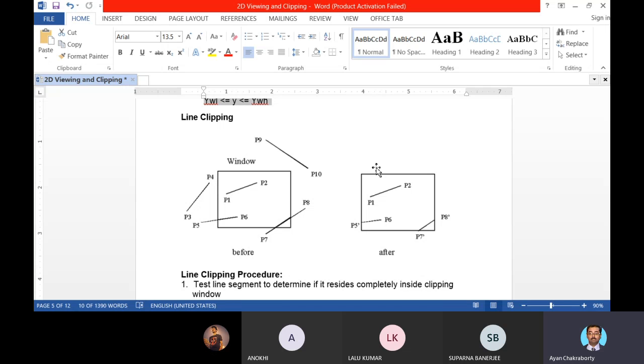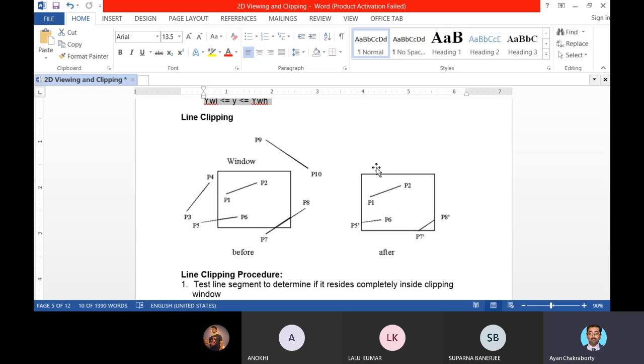As you can see, this rectangular specified region, this rectangular frame, is our window, and there are 10 axis points shown here, so five lines. One is P1, P2, another is P3, P4.